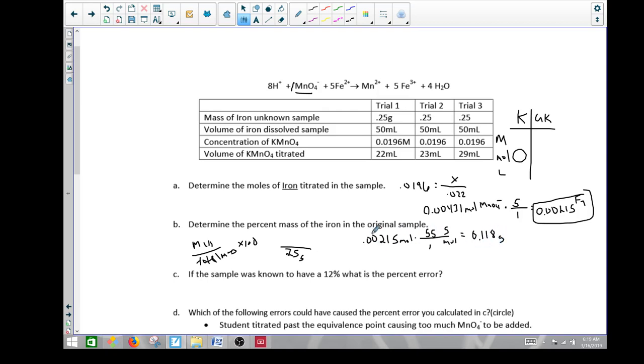Alright, that's going to go up top here, 0.118 grams iron. Divide them out, don't forget times 100.